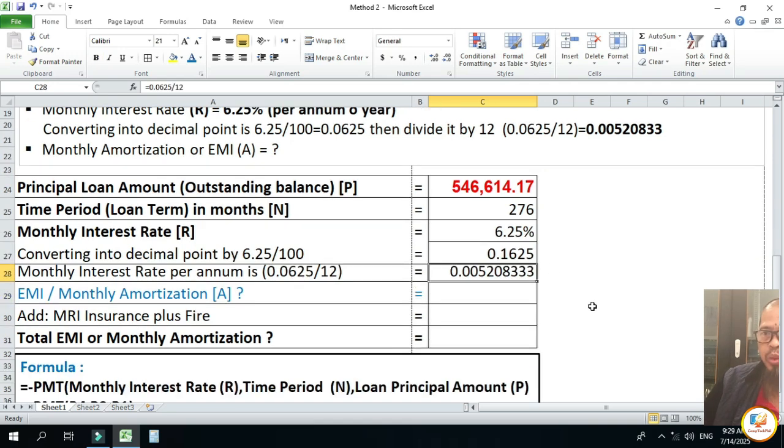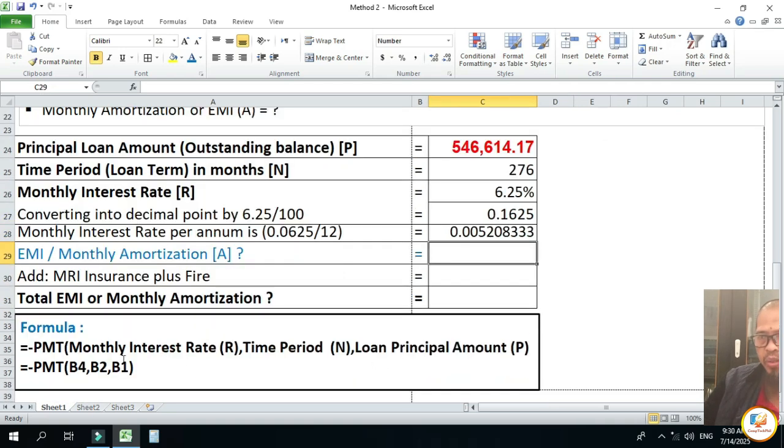Now, how do we compute our monthly amortization? Again, guys, we're using this formula. Type equals, then dash, then type PMT.